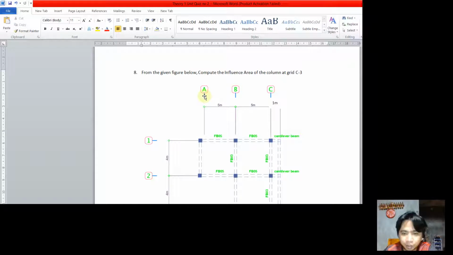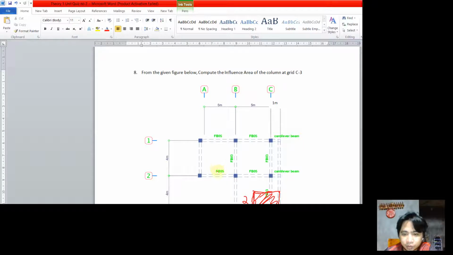What is the tributary area? So first we wanted to half this one, and then half this one, and have a projection here. So this will be the tributary area, and this is 2.5. Half of 4 is 2.